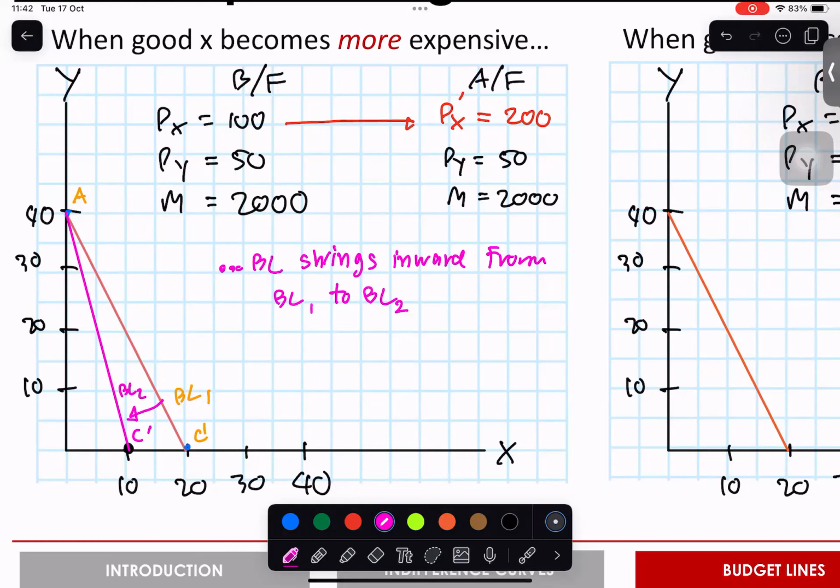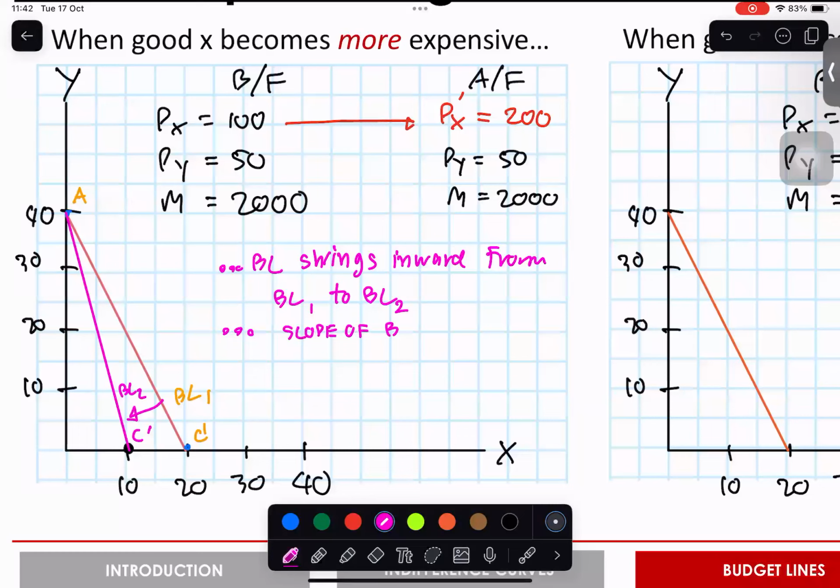Yeah, that's what happens to his budget line now. It rotates or swings or pivots, P-I-V-O-T, pivot, หมุน, around point A because the price of Pepsi doesn't change, so point A stays here. Swing inward from the original one to the new one. What do you see? The slope becomes steeper.